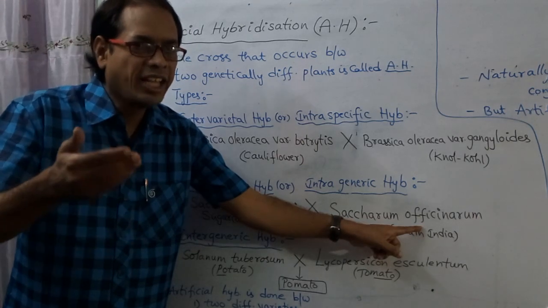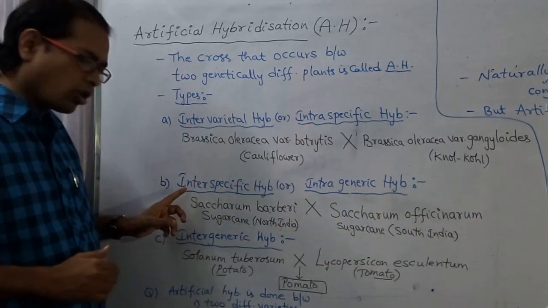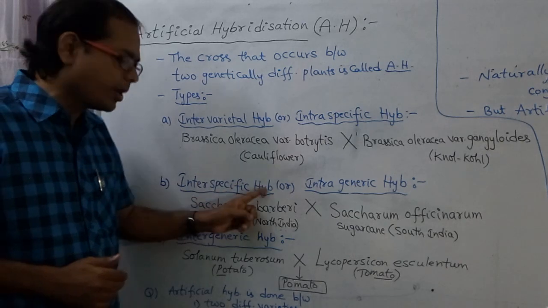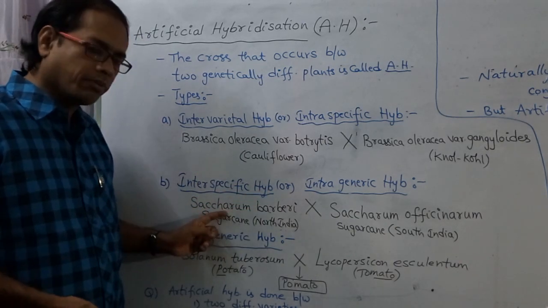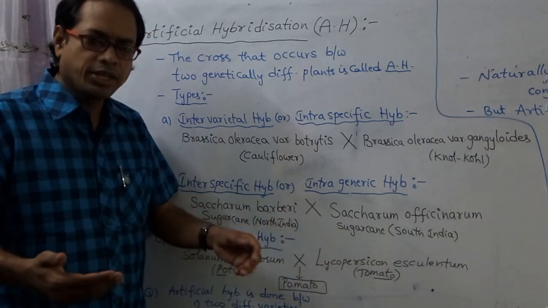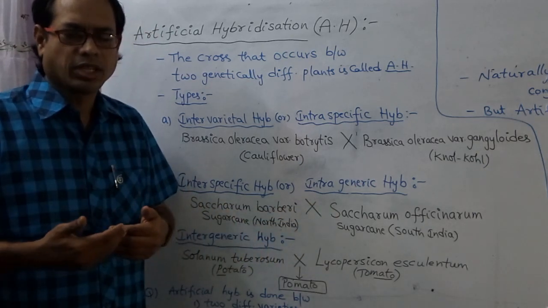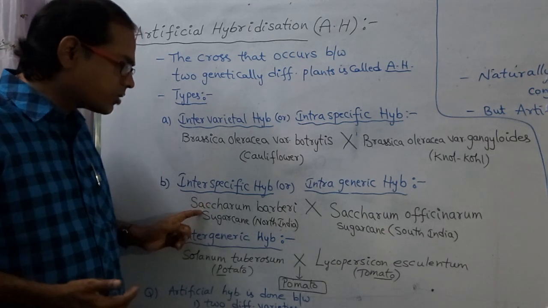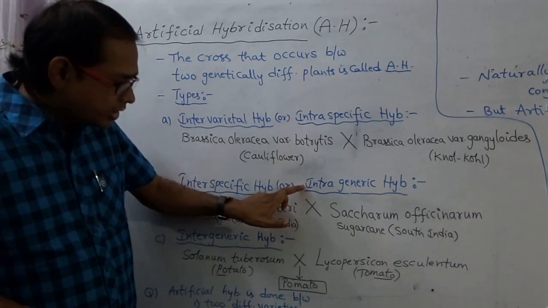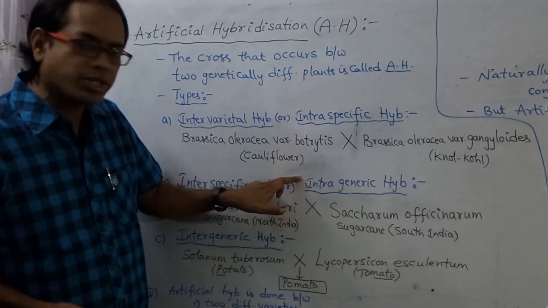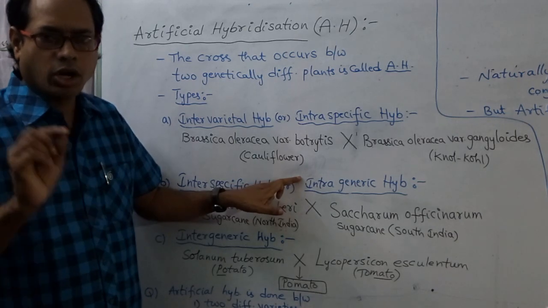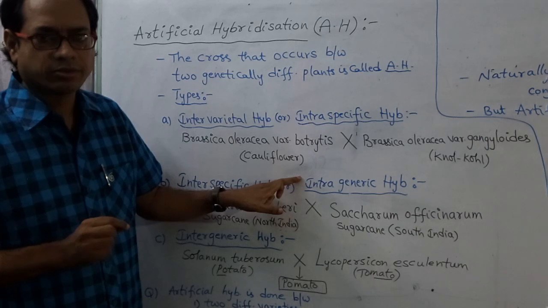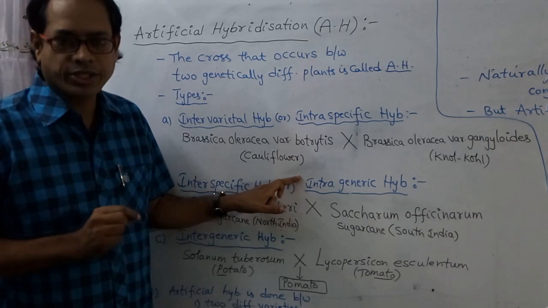Species are different. That's why it is called interspecific hybridization. And see the next component, Saccharum. That is the same genus name. Same genus means it is also called intrageneric. Intra means same or within. Are you understanding, my dear students? I hope that you are understanding.